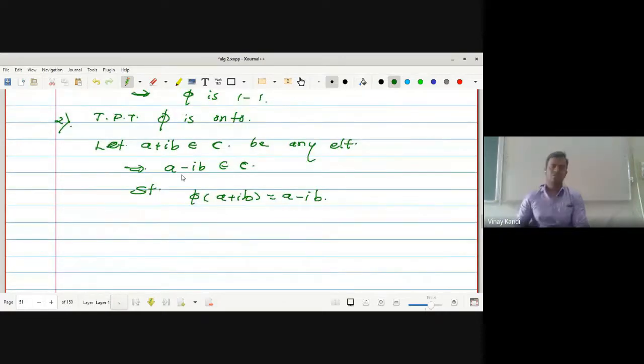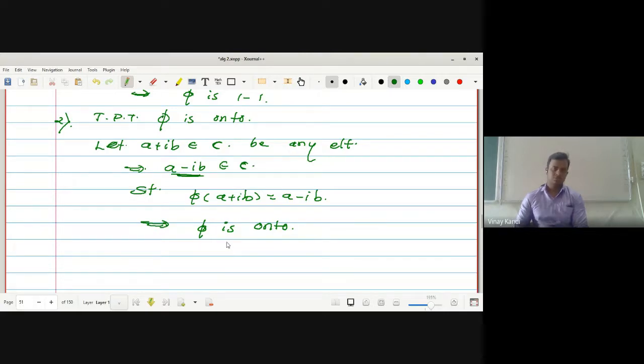Hence for any element from the codomain, we have the element in the domain a plus ib such that phi of a plus ib is equal to a minus ib. So this implies phi is onto.